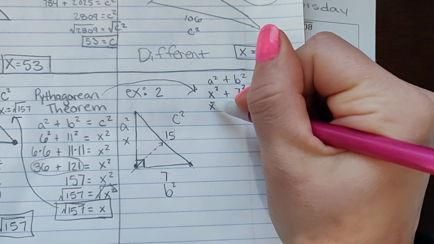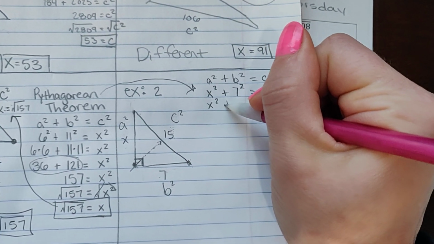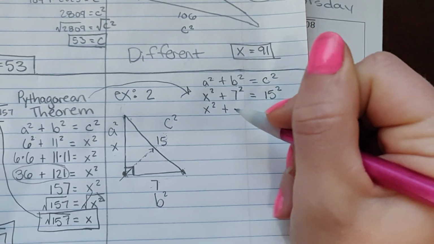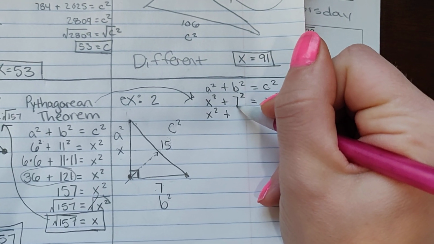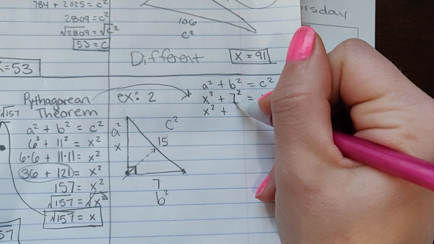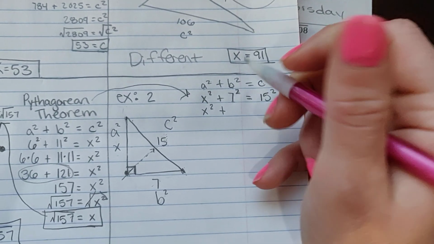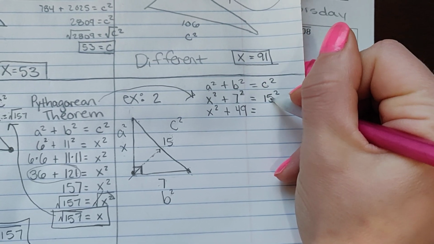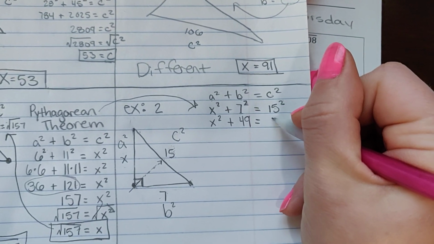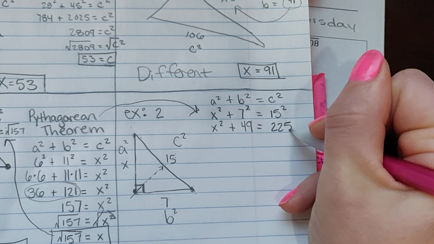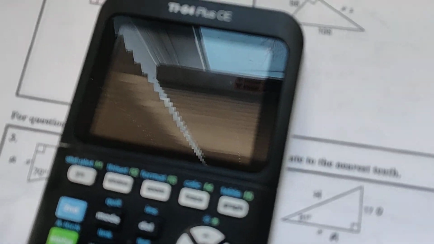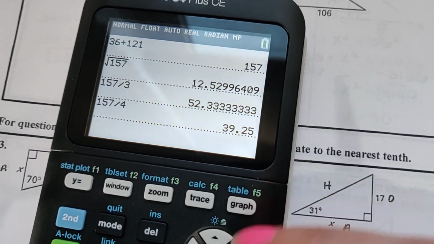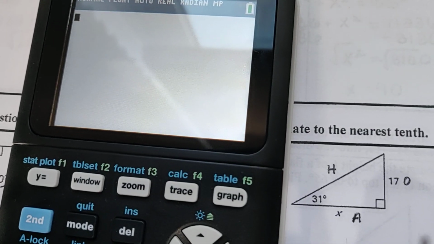I don't have a number for X, so I'm going to leave that X squared. But I do have 7 squared, and 7 times 7 is 49, equals 15 squared, which is 225. Just to double check, let's use our handy dandy calculator. Let's clear that out.